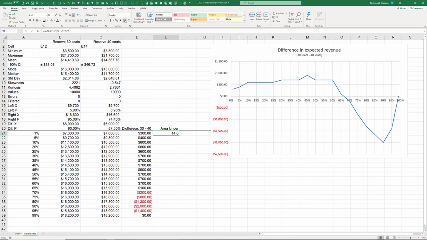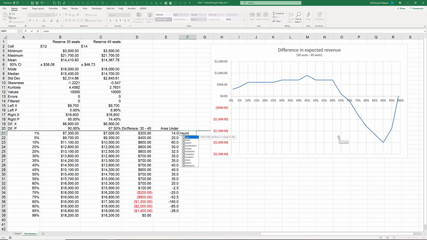Okay. Now we copy that. All right. So the last one will be that. So these are the areas under the curve. So if you find the cumulative value, the sum of that with itself, we will make the first one, E21, an absolute reference.